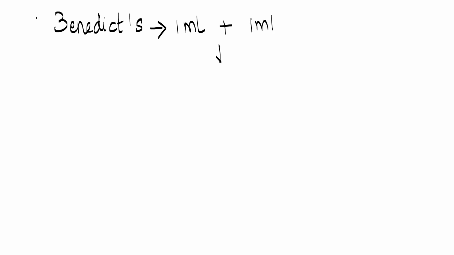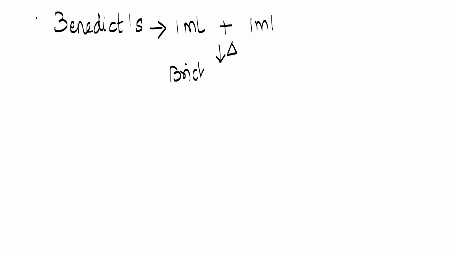The first case is sugar. How do we find out sugar in the abnormal constituent? For that you have Benedict's test, which gives an idea about whether you have sugar in your abnormal urine. You take 1 ml of urine sample and 1 ml of Benedict's reagent and heat it. If sugar is present in your sample, you may expect a brick red color.